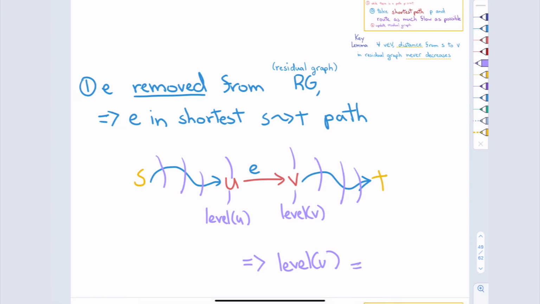So for at least a split instant, I had this fact. Level indicates distance.